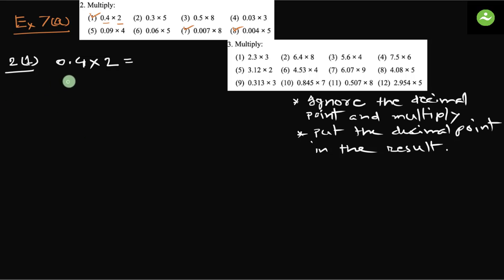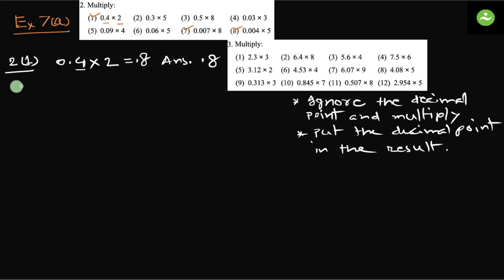So what is the result? 4 into 2 is 8. Now you have to take a look: before the decimal point is just one digit. So we put the decimal point just before one digit. Answer: 0.8.